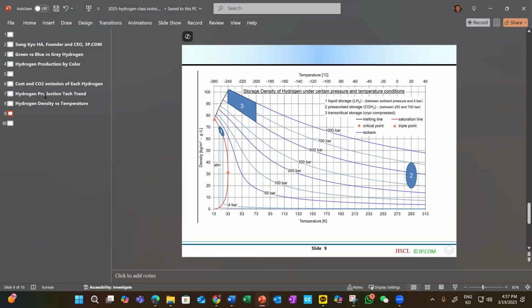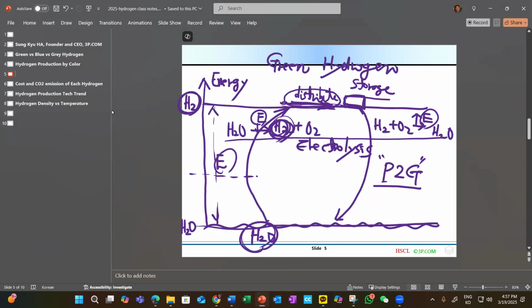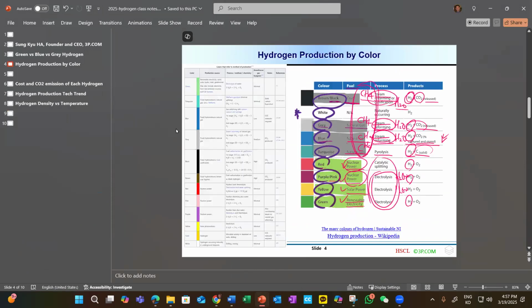And when we study this, there is a special hydrogen called white hydrogen. What is this white hydrogen? Let's find out. White hydrogen is a hydrogen which is naturally available, like petroleum and natural gas.